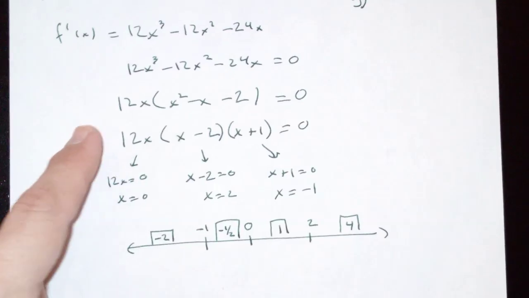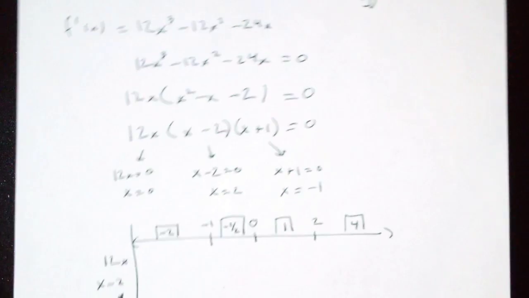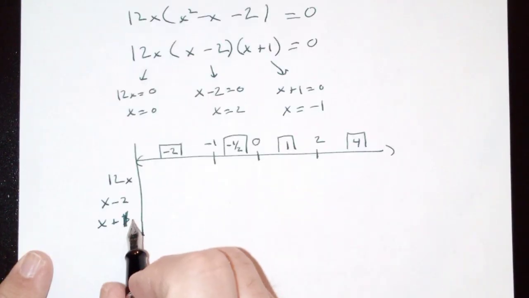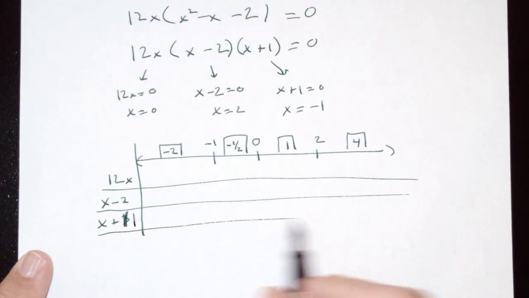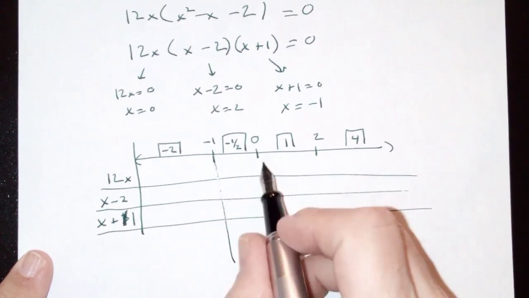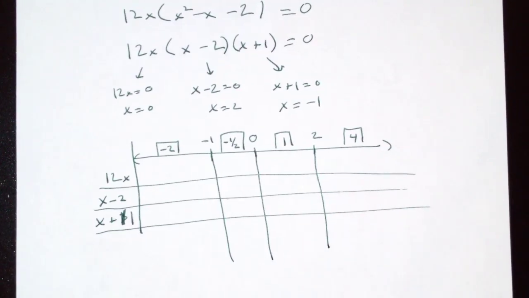I'm going to do that by plugging into each piece separately. Over here, I'm going to make a row for the first piece, a row for the second piece, and a row for the third. I started to say the third piece, so I wrote down a 3. Don't do that. Write down the correct number, 1. Each of these gets their own row. Each of the number marks on my number line separate the columns.